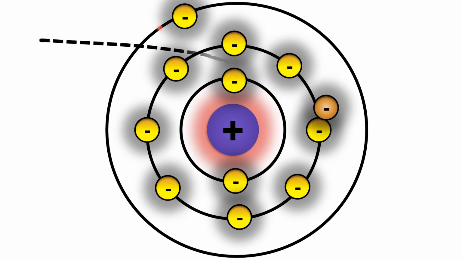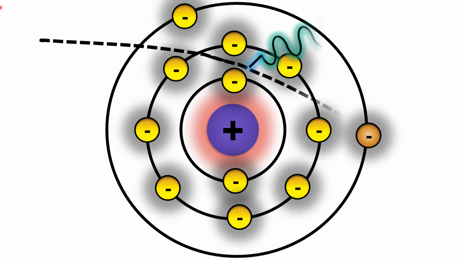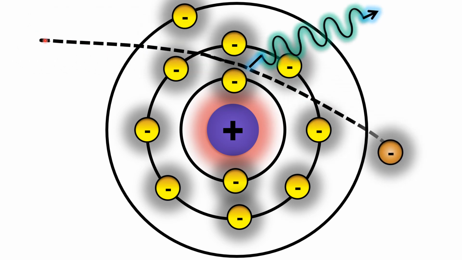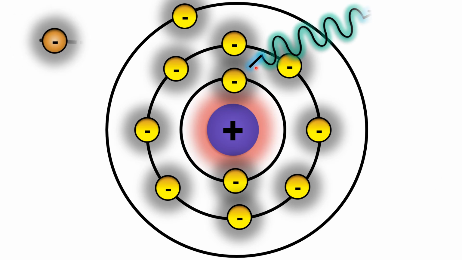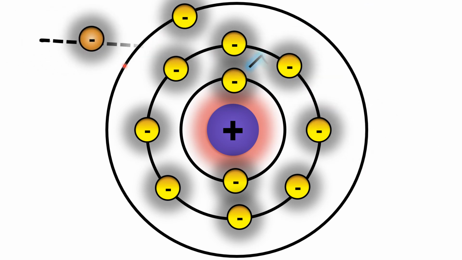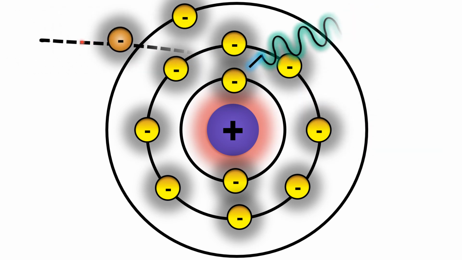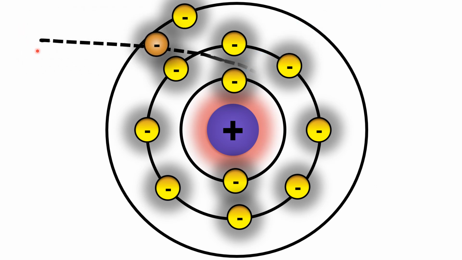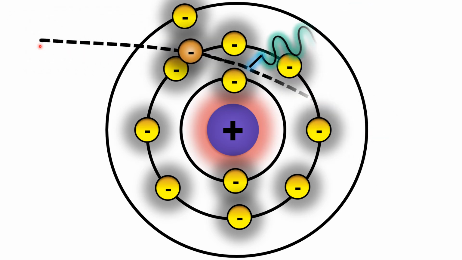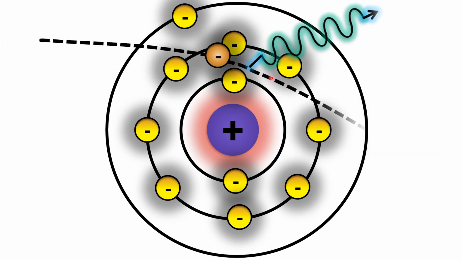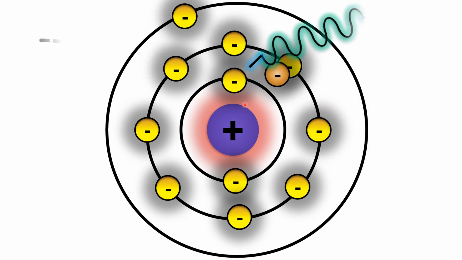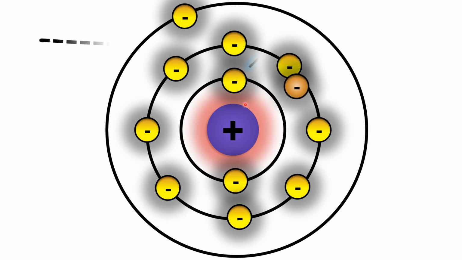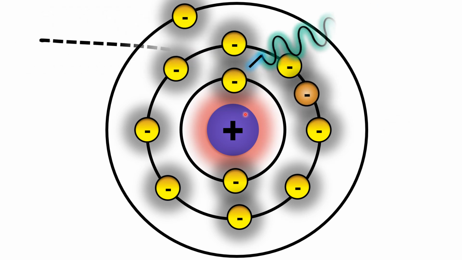Like this. So dear student, the beam of electrons is incident on a sodium atom. When this electron, which has very high kinetic energy, passes through or near a nucleus, the nucleus will interact with the stream of electrons.